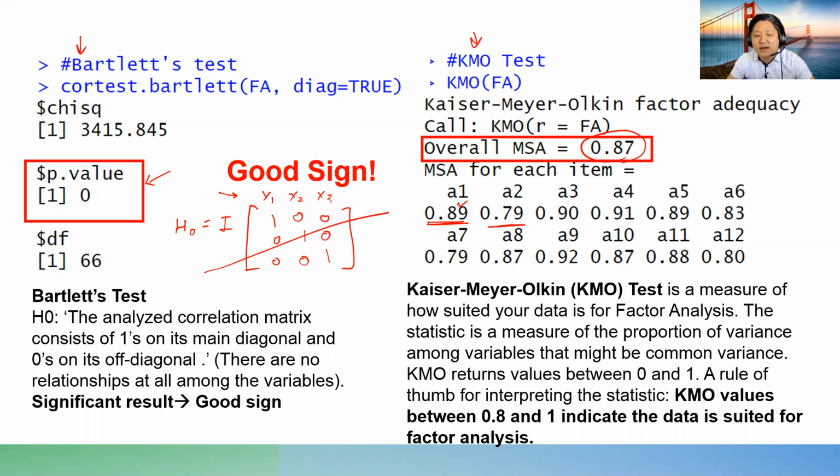We want high common variance. Overall, the common variance level is 0.87, which is pretty high. Usually we want it to be greater than 0.8. This is a good sign. This is a preliminary analysis for your exploratory factor analysis. Based on these results, we are good to go with the factor analysis.